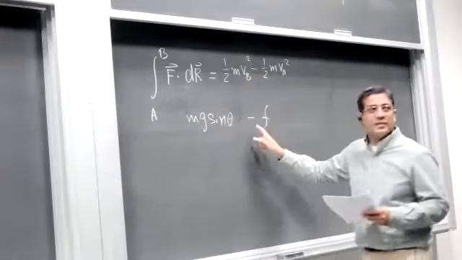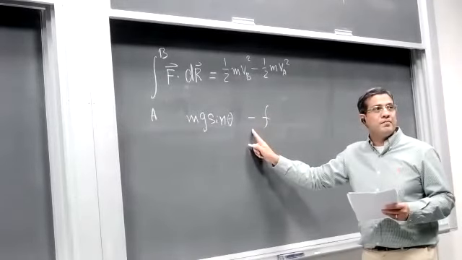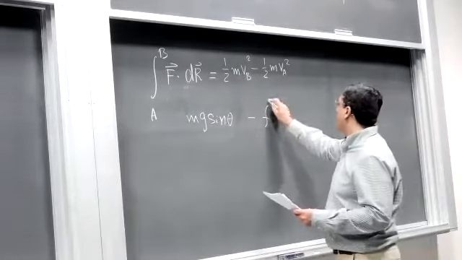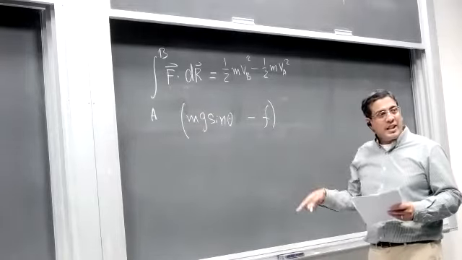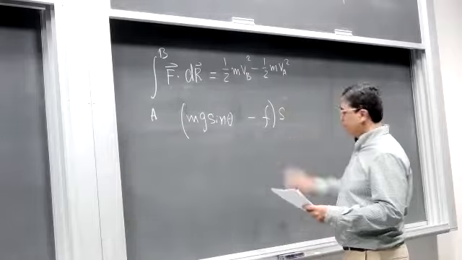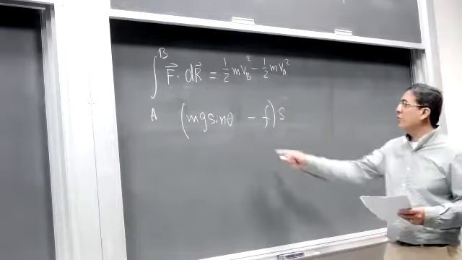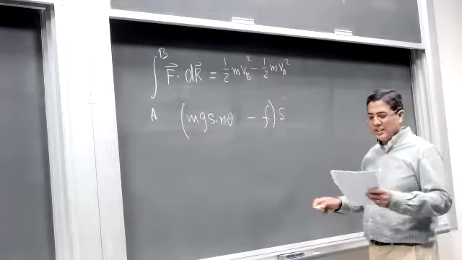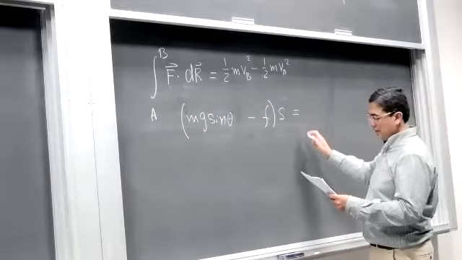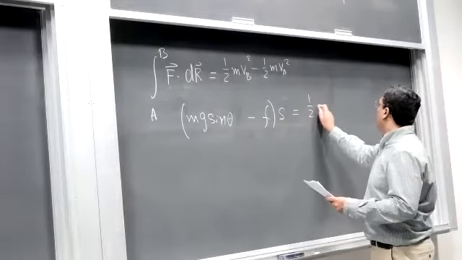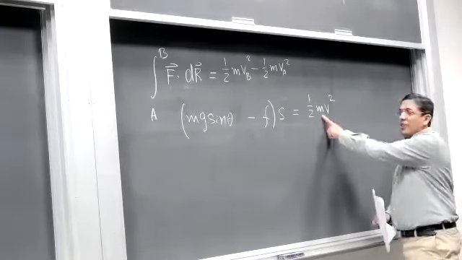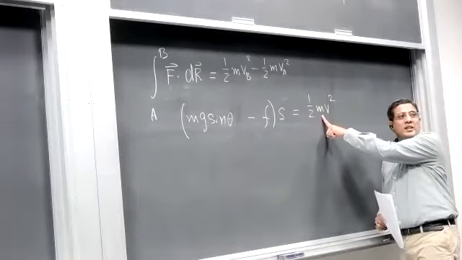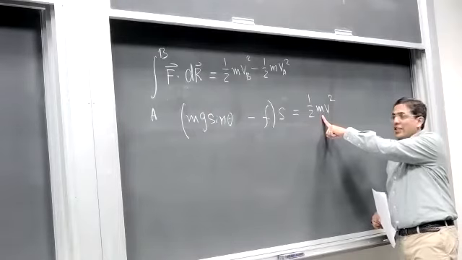Isn't this the force? And let's say that the length of the inclined plane is s. That would be the left side of this equation. What is the right side of this equation? Half m v squared. Let's say the initial velocity was 0, so this would be the total change in translational kinetic energy.